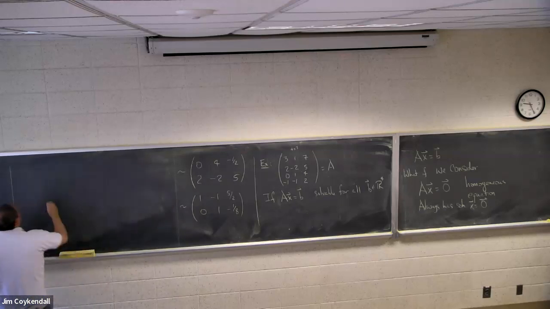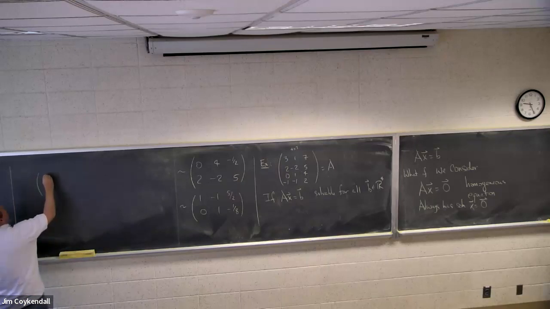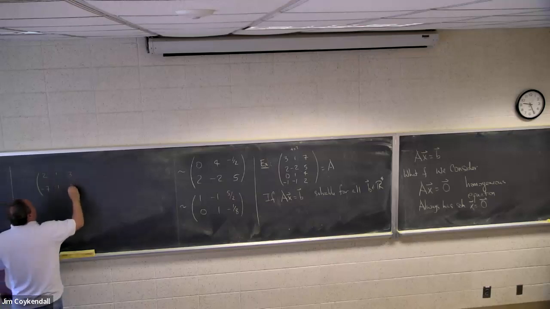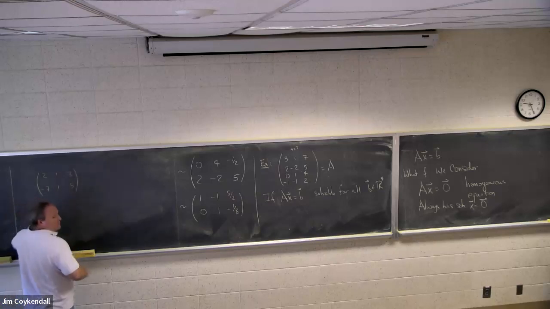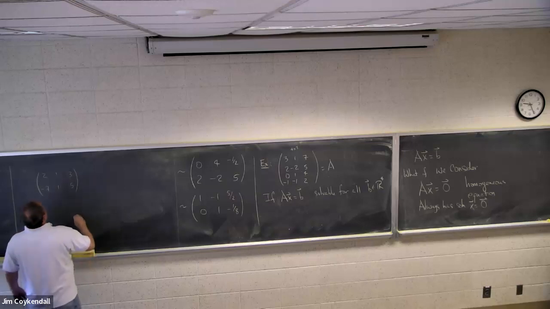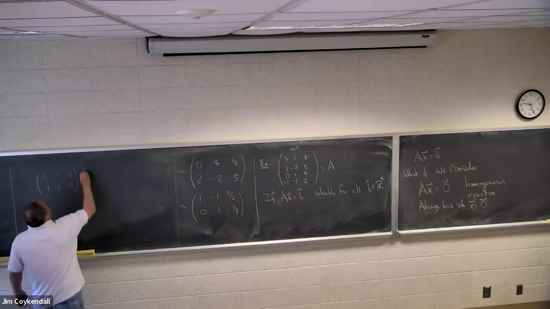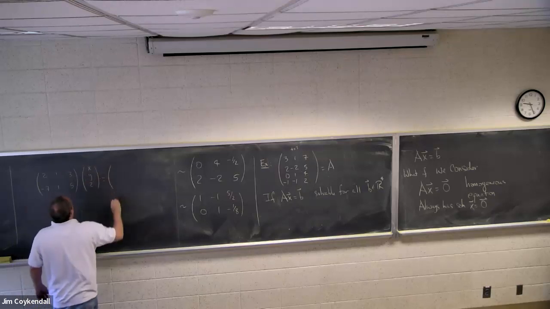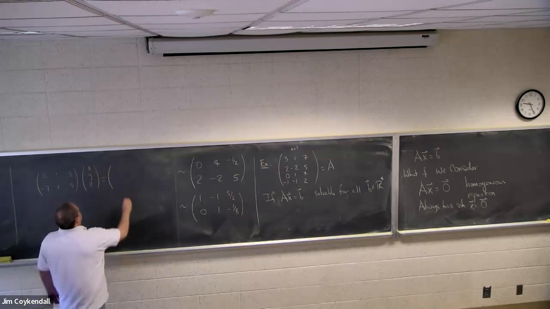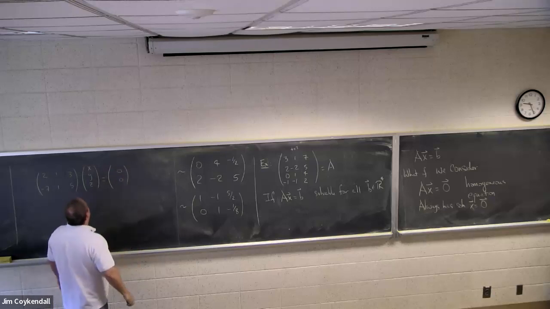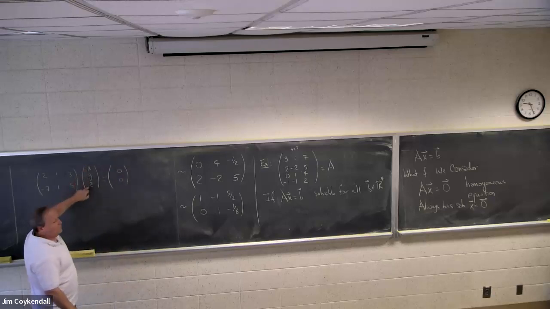So, for example, if I have the matrix 2, 1, 3, minus 7, 1, 5, this is my A, say, and my output should be 0, 0. Notice if I plug in 0, 0, 0 here and you multiply this out, it's going to work, right?